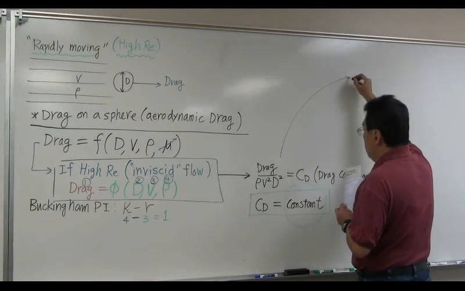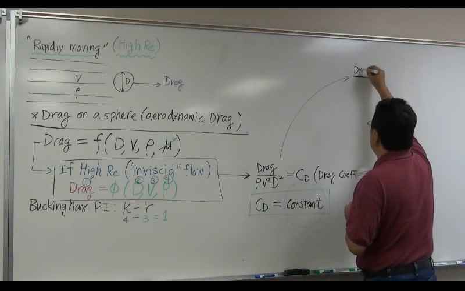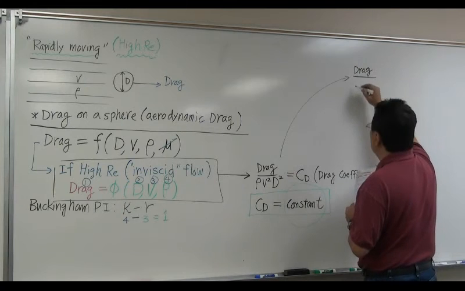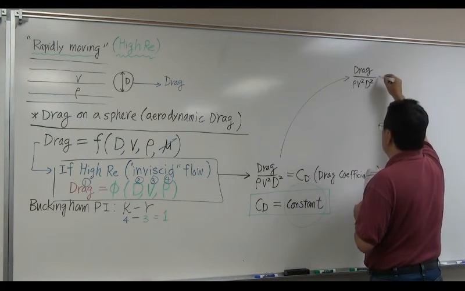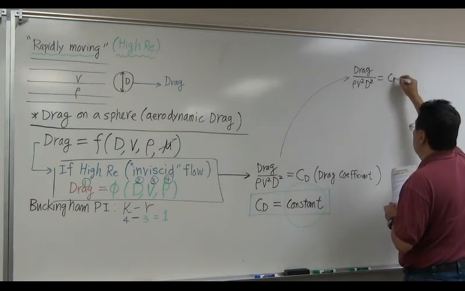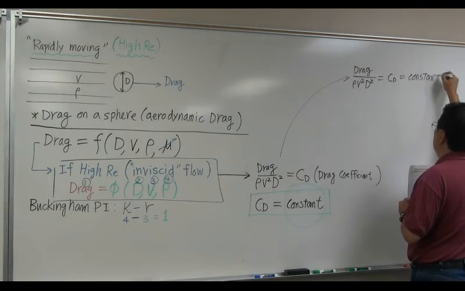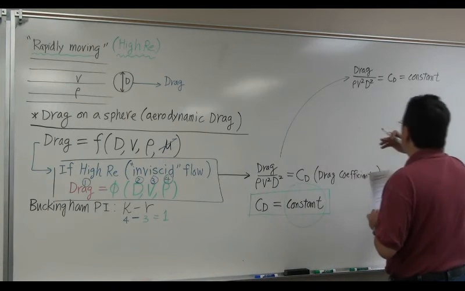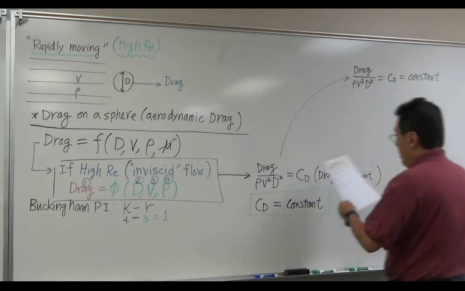From this, whatever the drag divided by density, velocity squared, d squared, this is the drag coefficient, which is constant, because this is the only one dimensionless property you can use to describe the same problem.